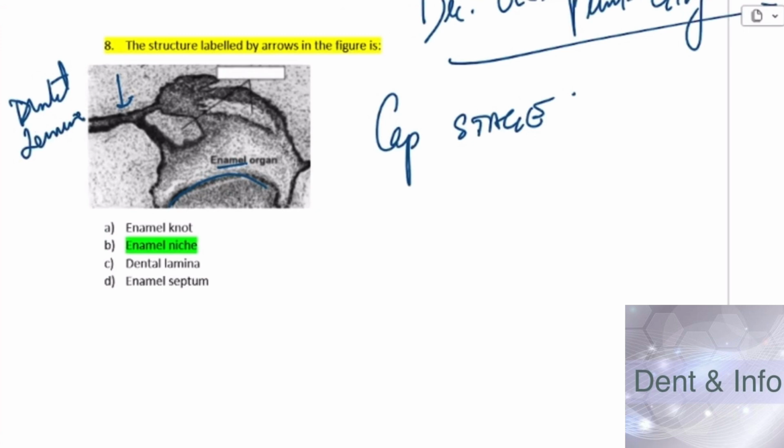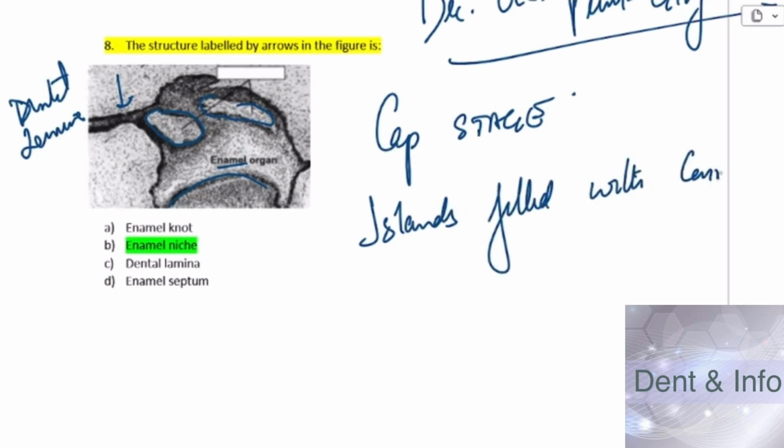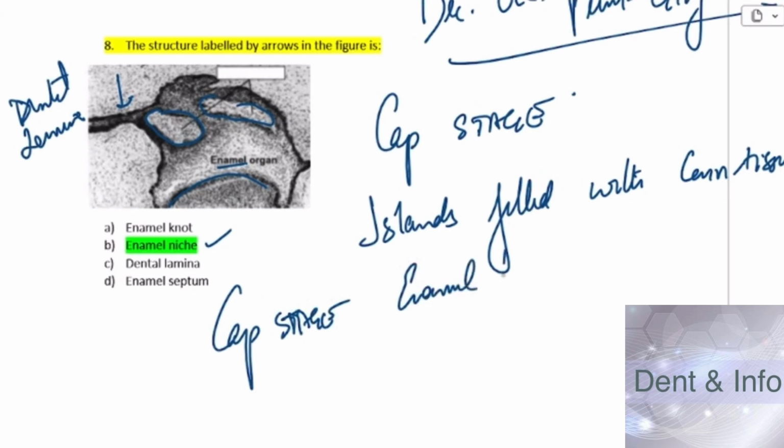And we are seeing two islands which contain some connective tissue. So this appearance of islands that are filled with connective tissue in the region of the enamel organ is called the enamel niche. We know that 5 transient structures are formed during the cap stage related to the enamel knot.